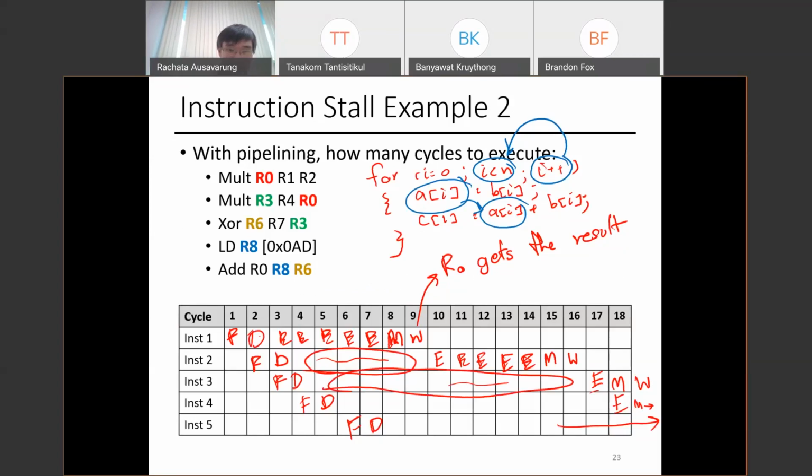It's an instruction that does nothing. It does nothing because you want to make sure nothing happens, because I don't have my data yet. I'm gonna wait until I get my data and then I can continue on to do something.